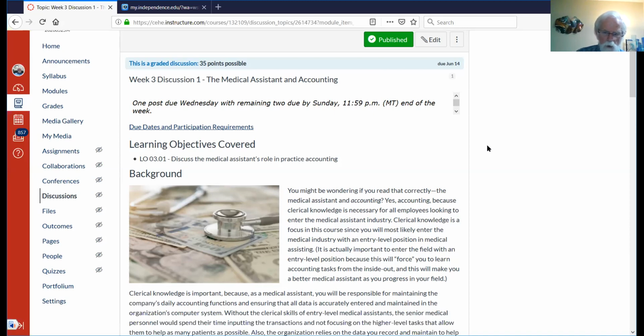And your job will be to function as a clinical medical assistant. In fact, the medical assisting exam that you take to get your certification is the CCMA, the Certified Clinical Medical Assistant exam. There is an exam for the administrative assistant as well.